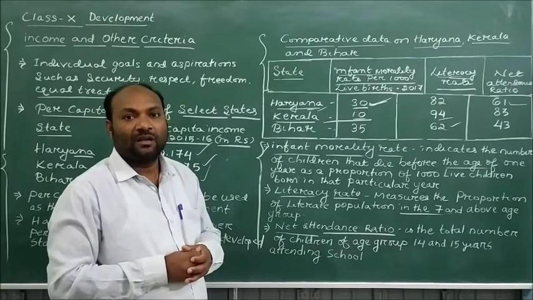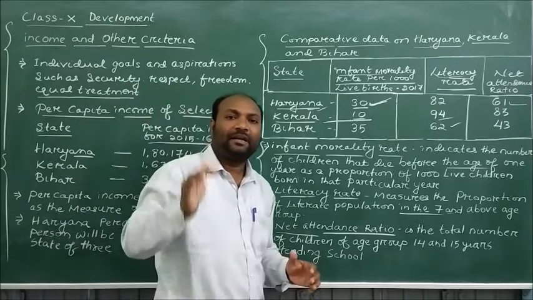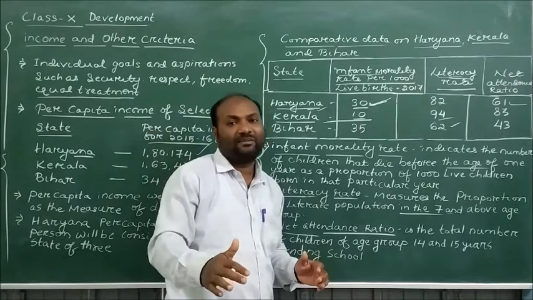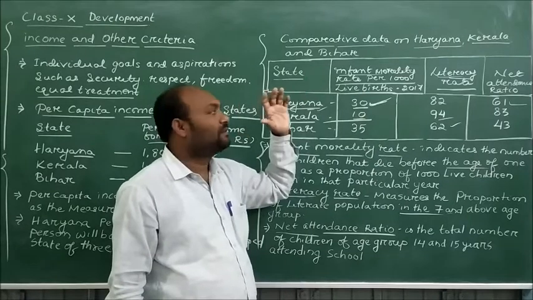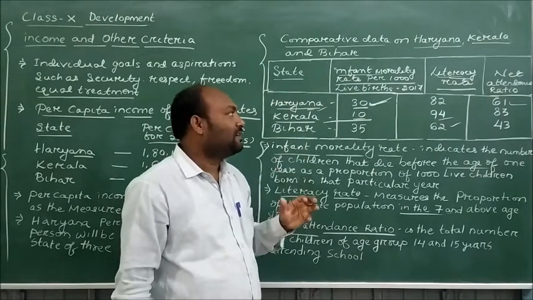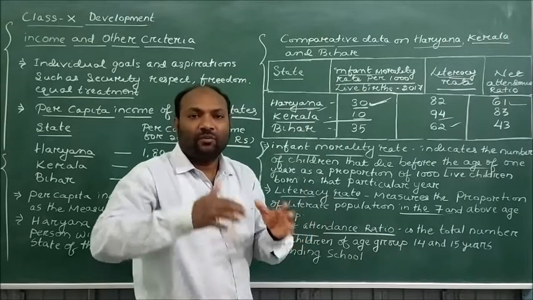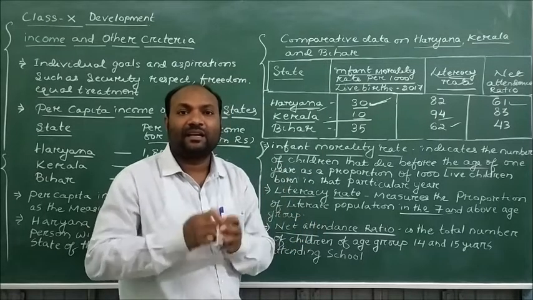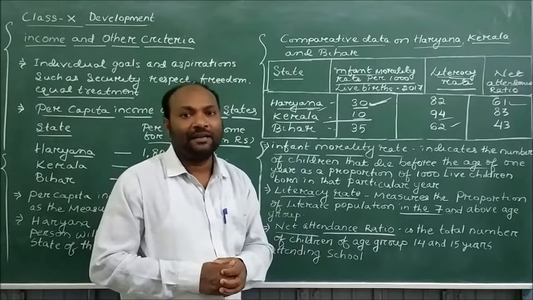In per capita income, Kerala is less developed than Haryana. But when we see the infant mortality rate, the literacy rate, and the net attendance ratio, then we understand that Kerala is much better than Haryana and Bihar.